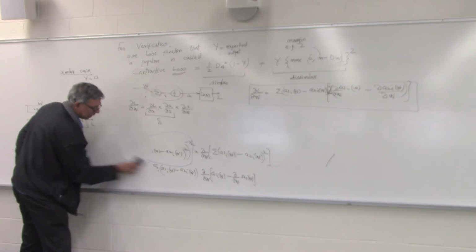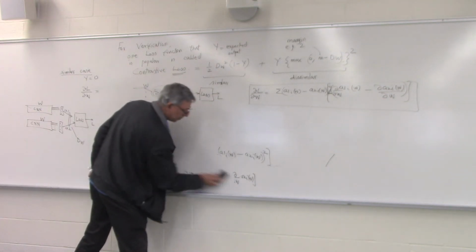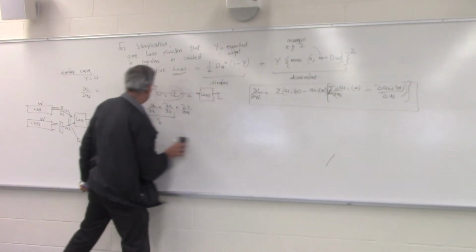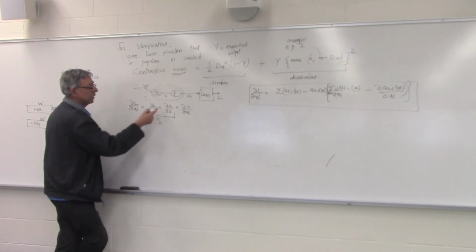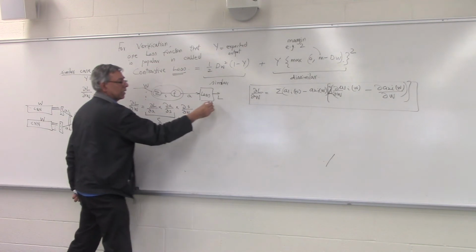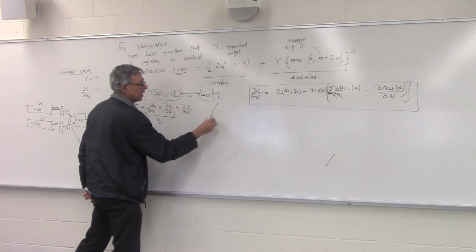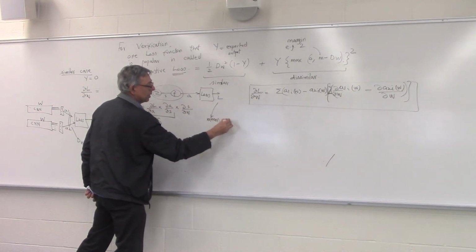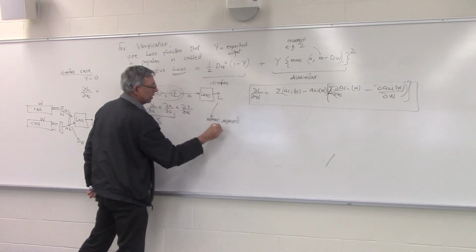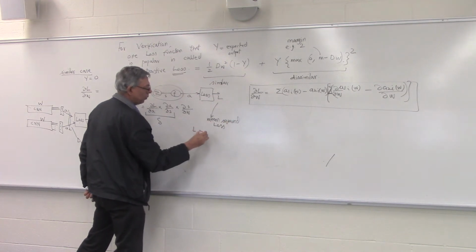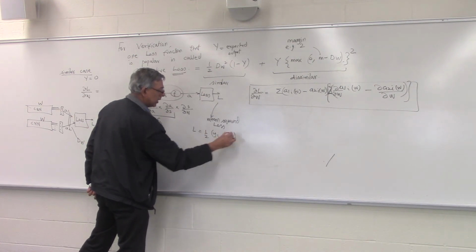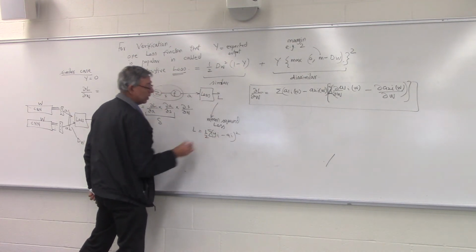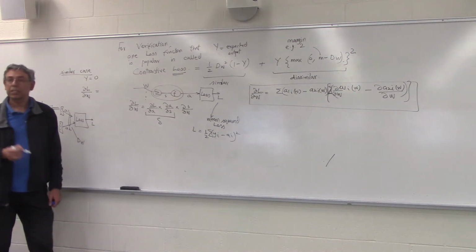Let me erase this part. So we have delta. Suppose this was a mean squared loss, just to give you a quick idea. Then wouldn't this be half the summation of (yi minus ai) squared over all the outputs?